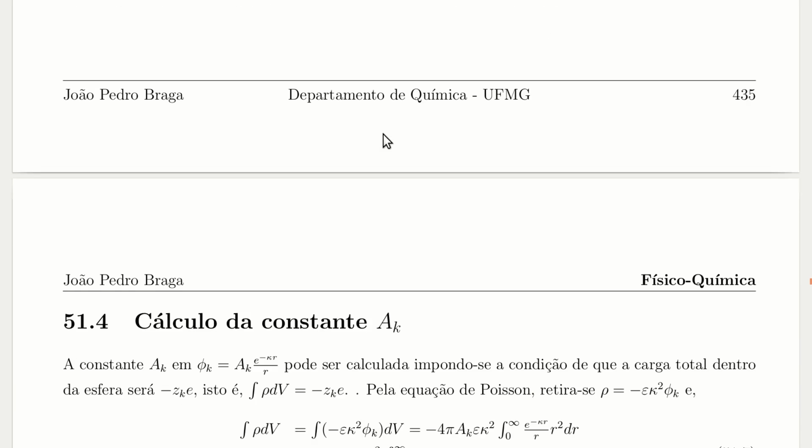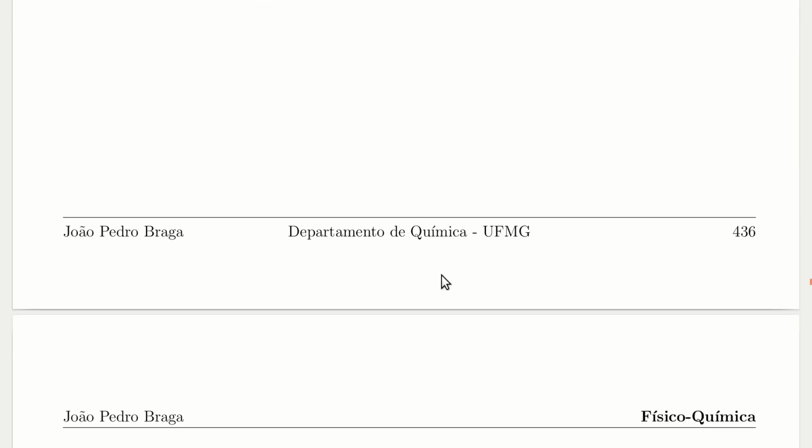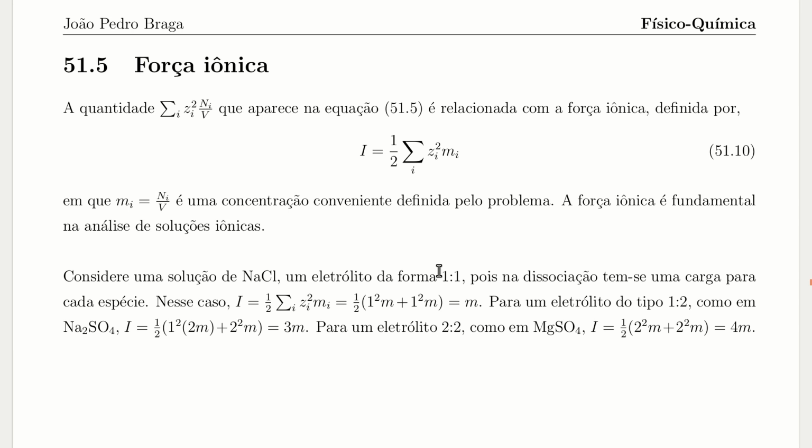So we are going to quantify these two quantities now. First, the ionic strength, which is quite straightforward to calculate. Z is, as I said before, how many ions of that kind you have in solution, and M is the concentration, molality.